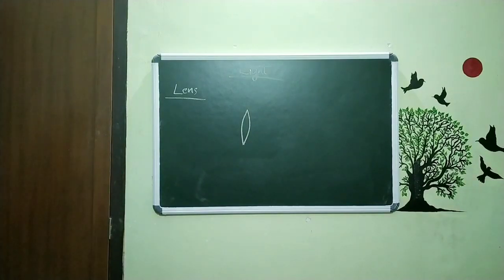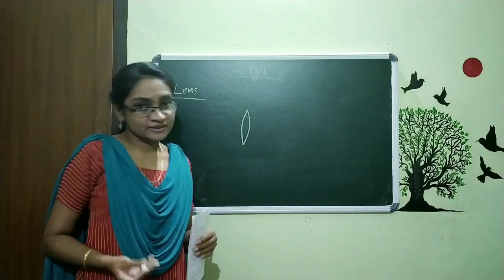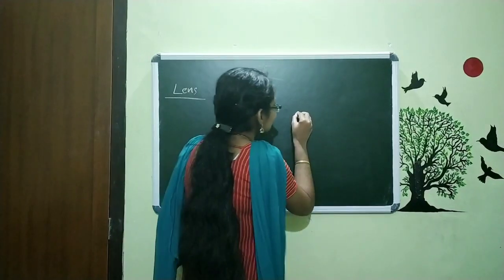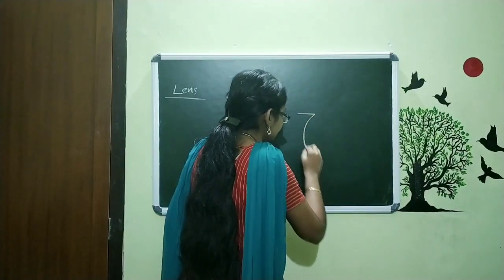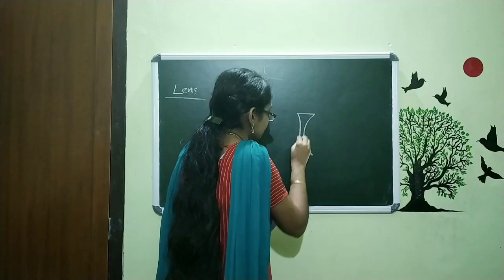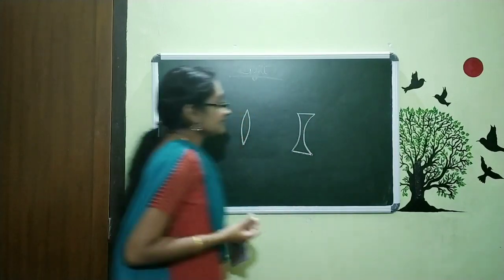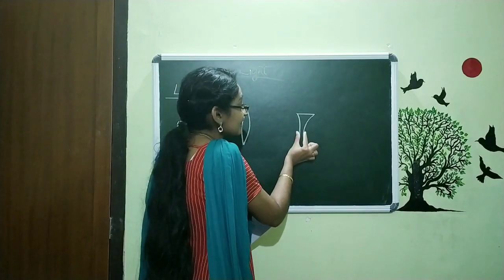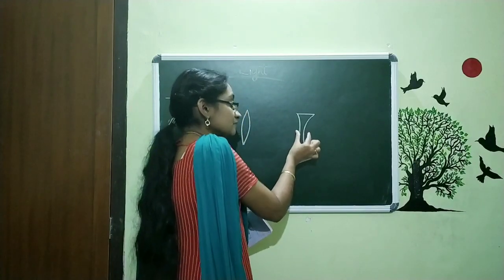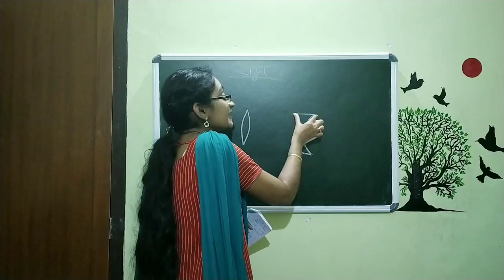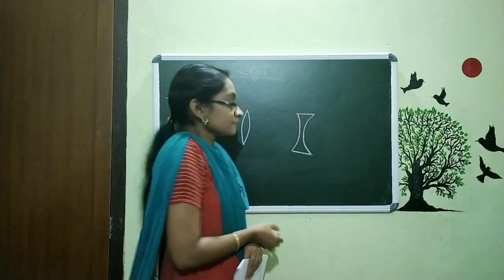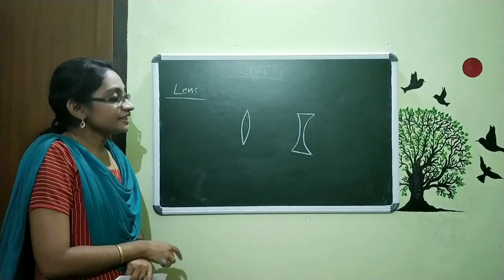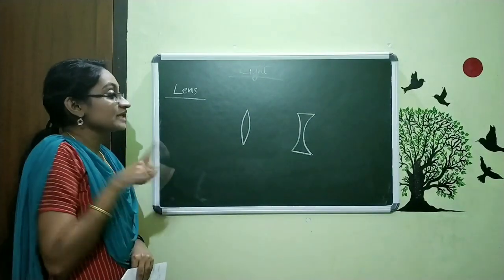And I am taking another type of glass, and the structure is this. At the ends the thickness is higher, and at the center the thickness is less. That means it's thin, and here again thicker. So these are two types of lens that you want to study.